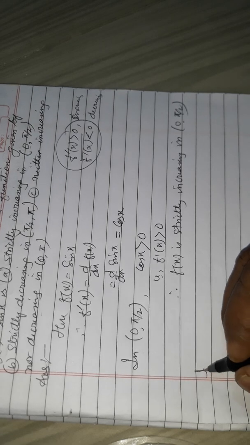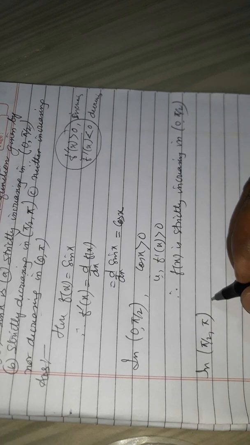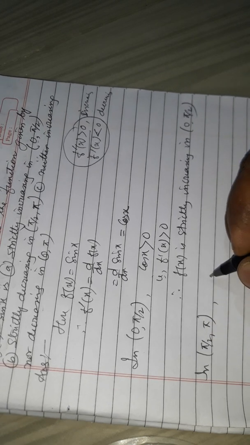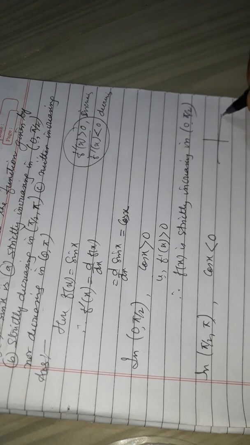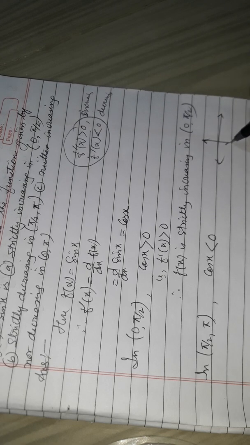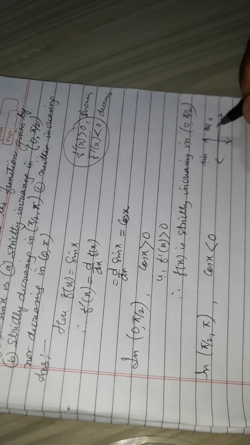Now, if we consider the interval 90 to 180, it is the second quadrant, and cos x always gives a negative value in it. In the quadrants, in the first quadrant all are positive, in the second quadrant sine and cosec are positive, in the third tan and cot are positive, and in the last one cos and sec are positive.